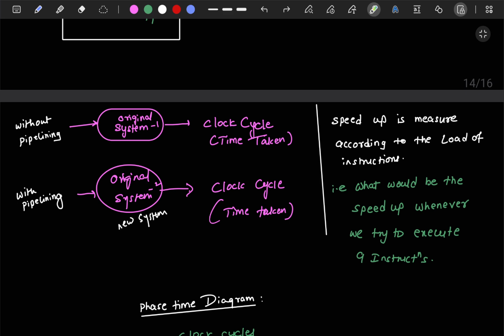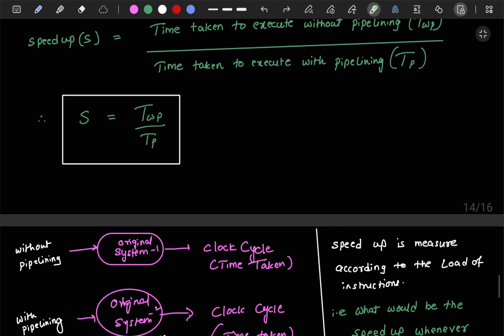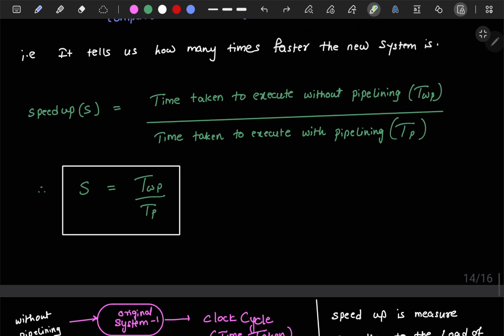In this way we try to measure the speed up. So some fixed number of instructions is already there, and then we calculate the speed up. That's why it is written that it depends upon the load of instructions, how many instructions we are taking.